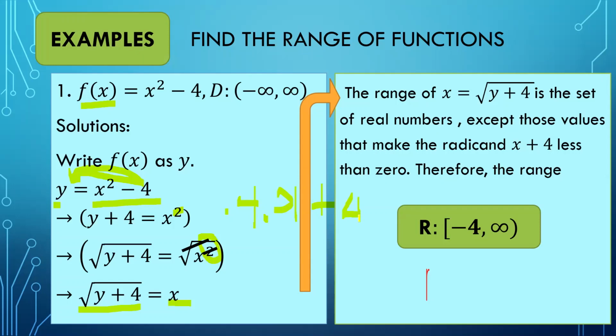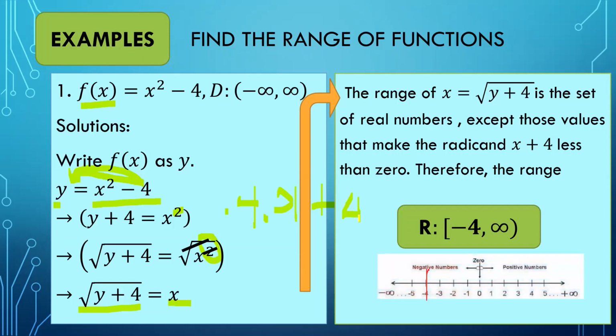So we will exclude all numbers below negative 4, from negative infinity approaching negative 4. Therefore, the range will be negative 4 to positive infinity.